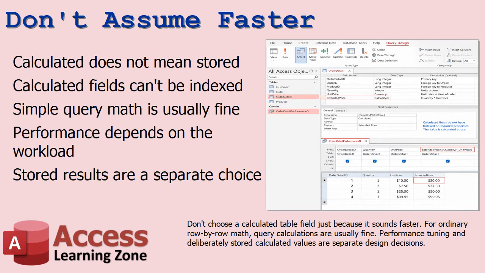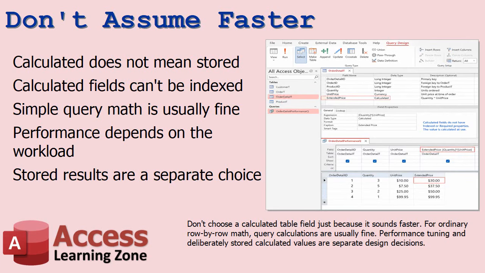Now, there are absolutely situations where storing a calculated result in a normal table field makes sense. Maybe you've got a very expensive aggregate calculation over a huge amount of data, or maybe the database has far more reads than writes, or maybe you just have to preserve exact historical values at the time of the transaction. But that's a separate design decision.